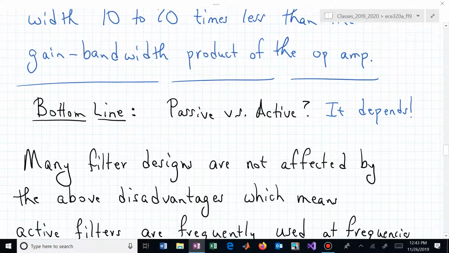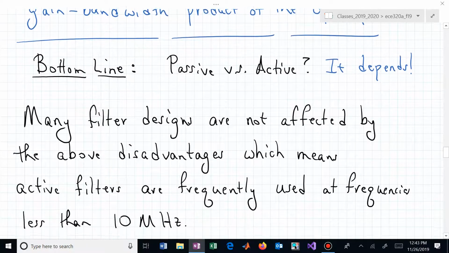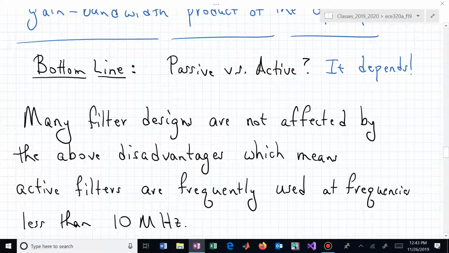Bottom line, a lot of times your answer can generically be it depends. And that's true here. Are we going to use passive or are we going to use active? It's going to depend on the situation. Here, a lot of the disadvantages that I just tried to make you aware of may not exist for the filter that you're wanting to build or create.